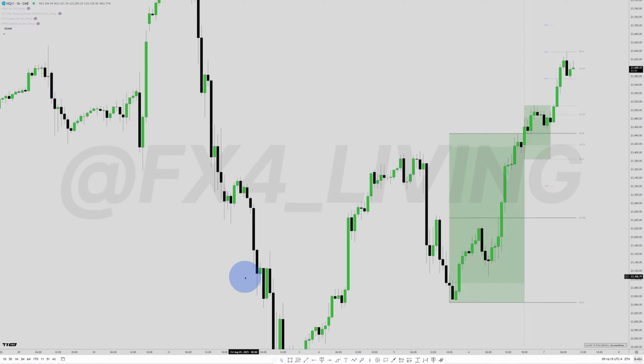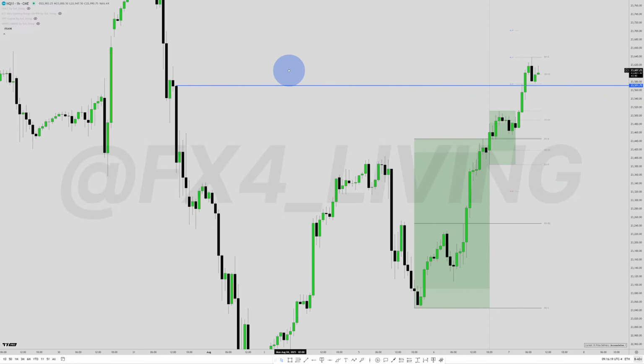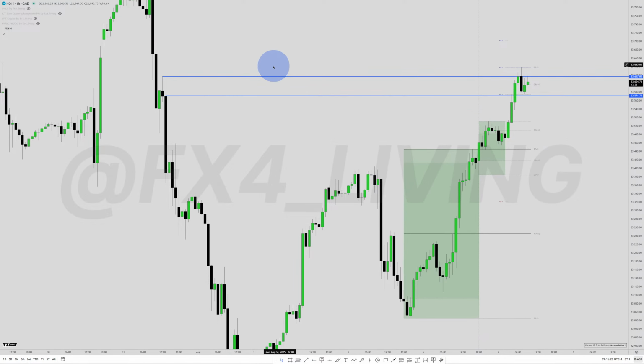Yeah, so on the left side, you can see that we paired that high right there on that first deviation. The second high was basically that high right here, pairing this. I like how the bodies are closing below that high right there.